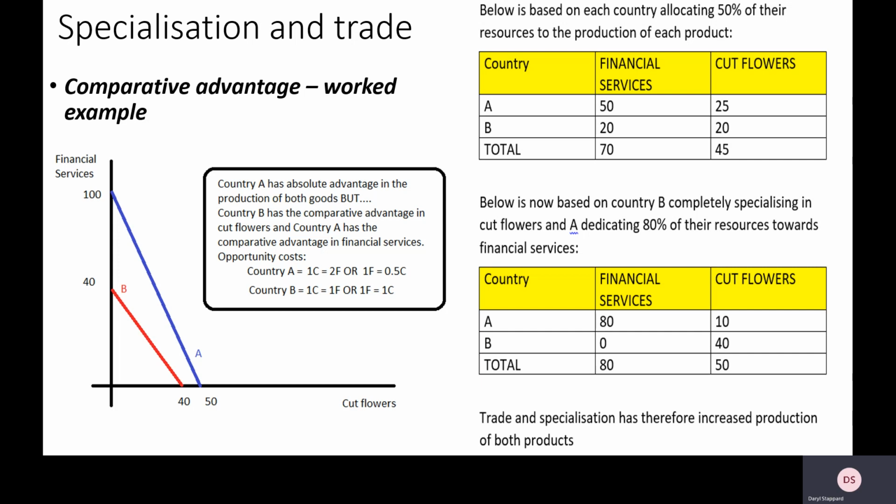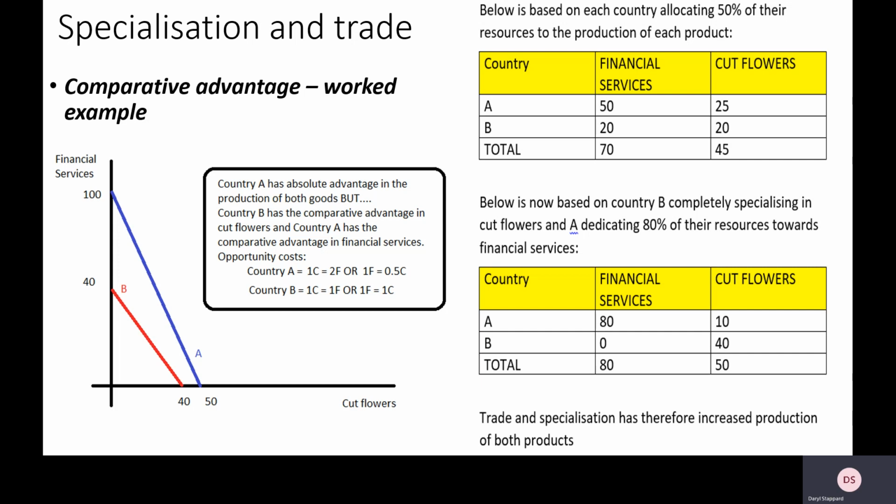Right, what we're now going to assume then is that country A is going to move resources more towards financial services. So it will shift some of its resources away from flower production towards finance. Country B is going to completely specialise in flower production. Now look what B can do first of all. If they move all their resources away from finance towards flowers, they can produce on their own 40 flowers.